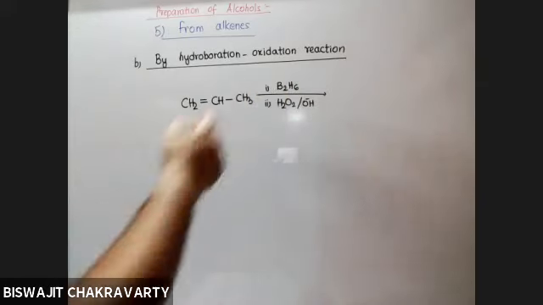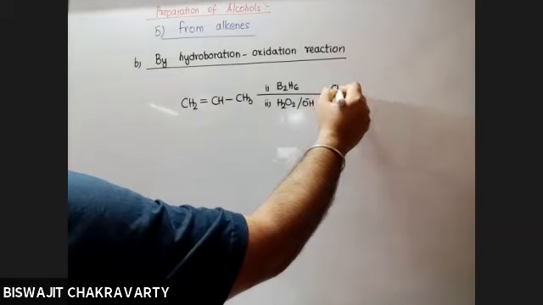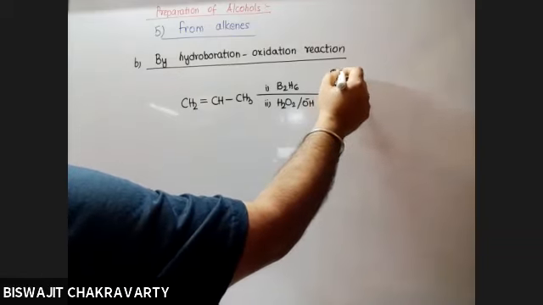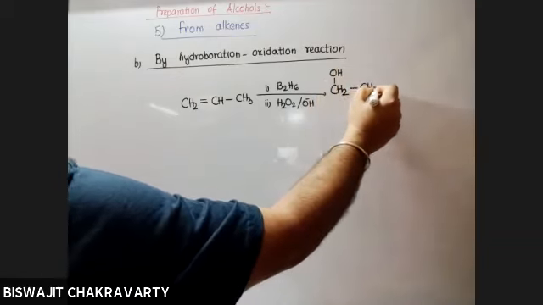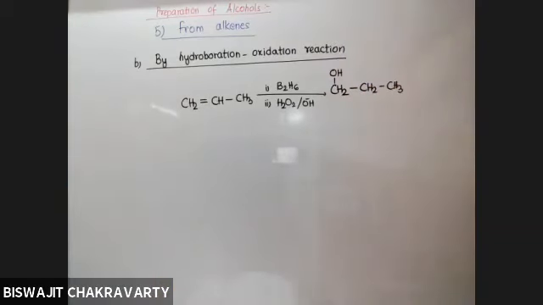The reagent looks complicated, but actually this reagent ultimately helps to add up water according to anti-Markovnikov's rule, which means that now the OH will come at the first carbon and H will go to the second carbon. So depending upon where you require the OH, accordingly you'll have to give that particular reagent.